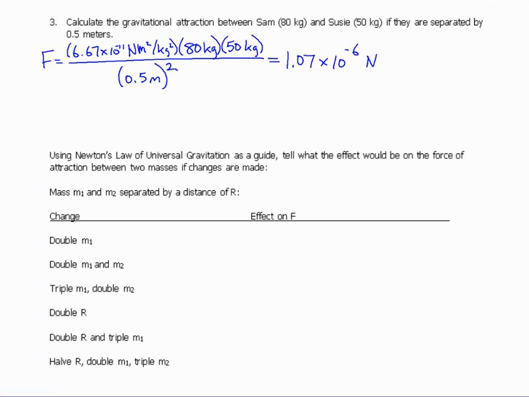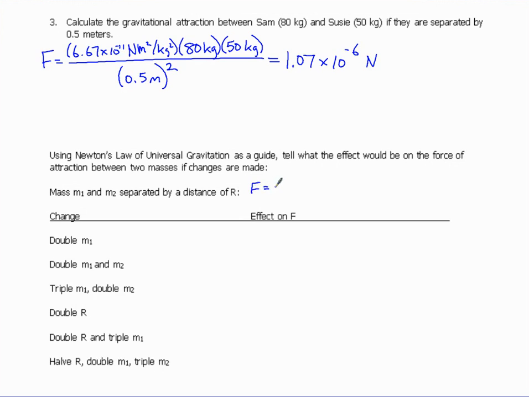Using Newton's law of universal gravitation as a guide, tell what the effect would be on the force of attraction between two masses if changes are made. So let's start off. This is going to be our basis. Mass M1 and M2 are separated by a distance of r.